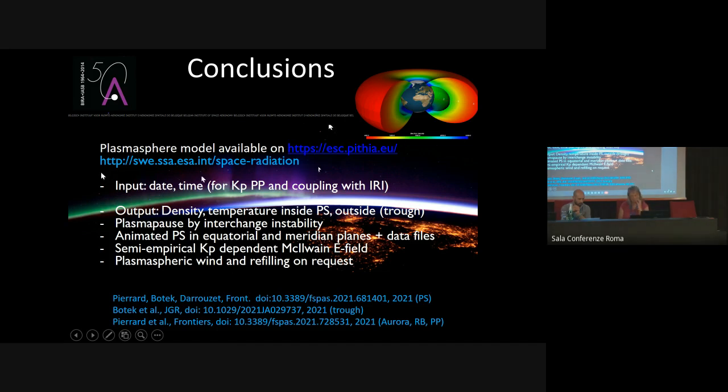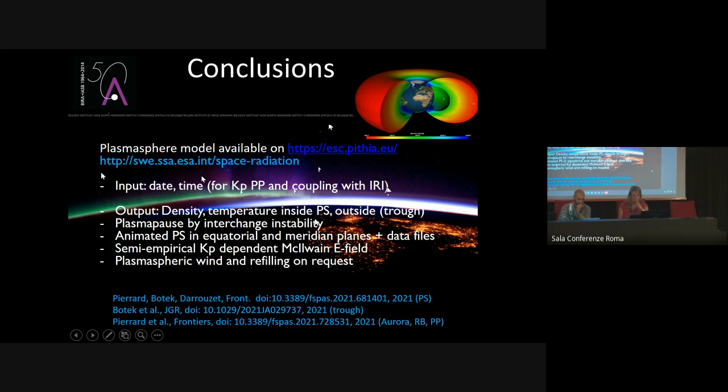the satellite Proba. As an input, you just have to enter a date, and then the model determines the Kp index that was observed during this period and 24 hours before to determine the plasmapause position and also the coupling with the ionospheric model up to 600 kilometers, and then it calculates the number density inside and outside the plasmasphere.